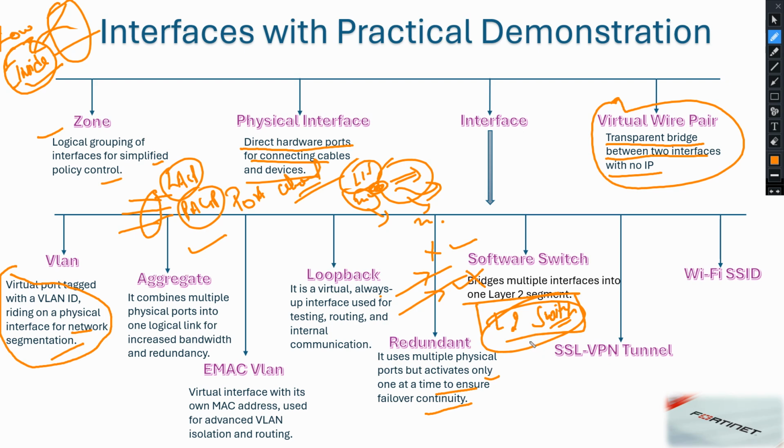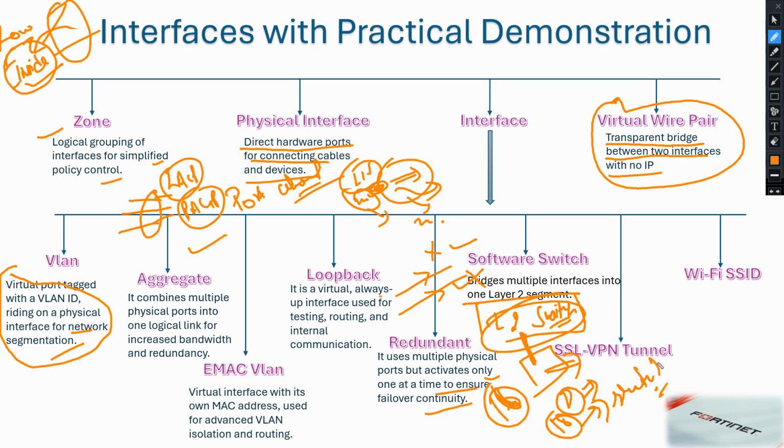Suppose you have an end device and you want to connect it directly to your firewall, or other scenarios like that, then you can use these interfaces. If your firewall has 16 interfaces and only two are used for VLANs and other stuff, you have 14 more, and you can use those as a switch also.